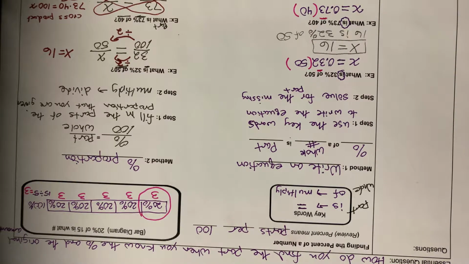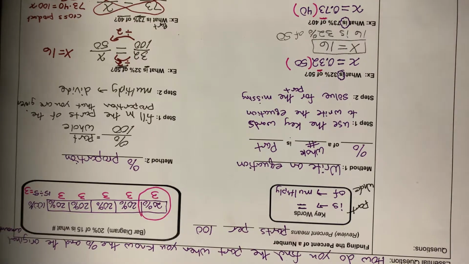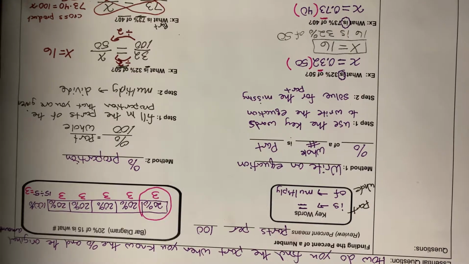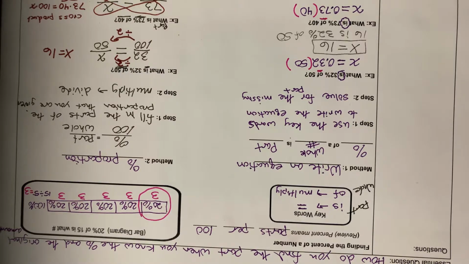Using my calculator, 128 times 550 brings me to 70,400. That's equal to 100 times x. And then again, to solve, all I would do is divide both sides by 100. So that brings me to my final value. That missing number, x, is equal to 704.